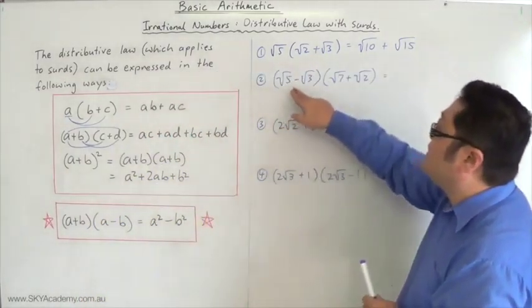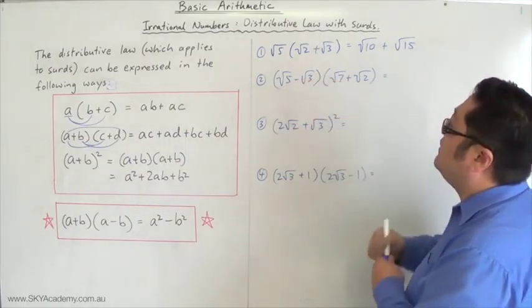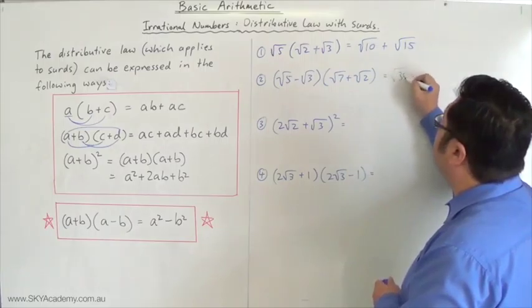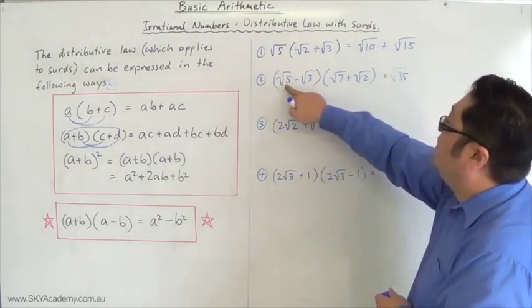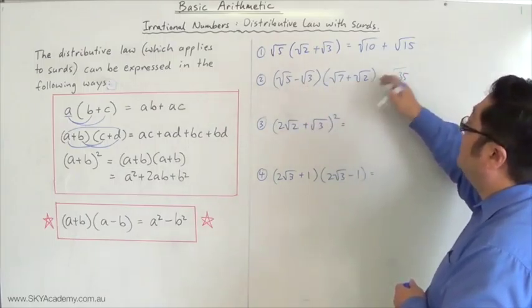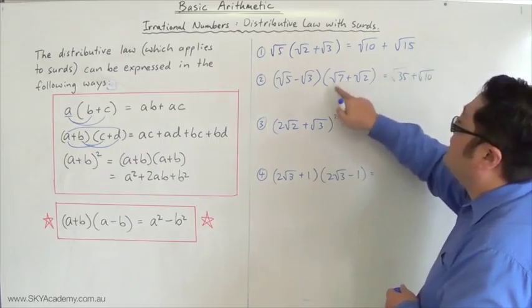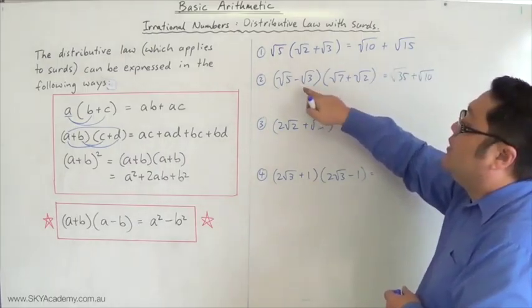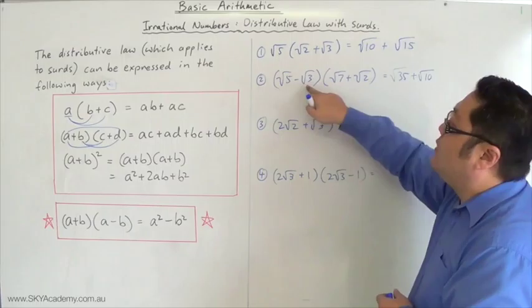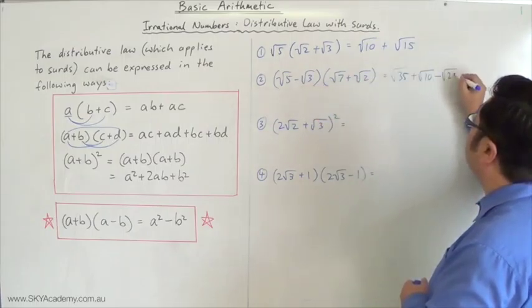So let's look at this example. How would you do it? Front two: the square root of 5 times the square root of 7 gives you the square root of 35. Outside two: the square root of 5 times the square root of 2 gives you the square root of 10, and you're adding it because it's plus. Inside two: the minus square root of 3 times the square root of 7 gives you minus the square root of 21.